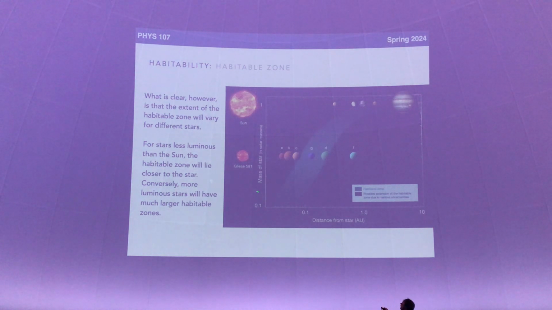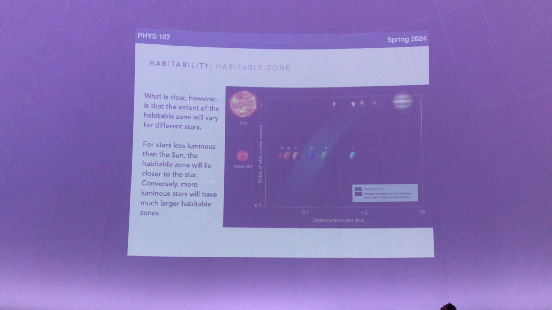But if you are looking at really small stars, the habitable zone creeps closer because it's not a big campfire, right? Think of the campfire analogy. Is it a big fire like the Sun? Well, then it's all the way out. But if it's like Lisa 581, which is a tiny M dwarf, or maybe like a K dwarf, then you need to be much closer to be warm enough.